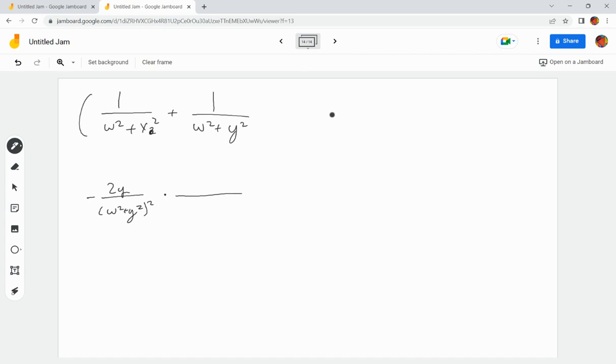When I multiply this by the inverse of it, I would have needed the w squared plus x squared negative 1, and then y squared plus y squared negative 1, right?